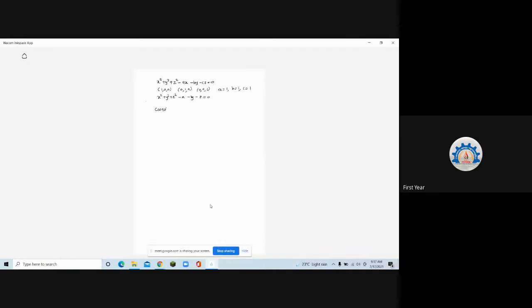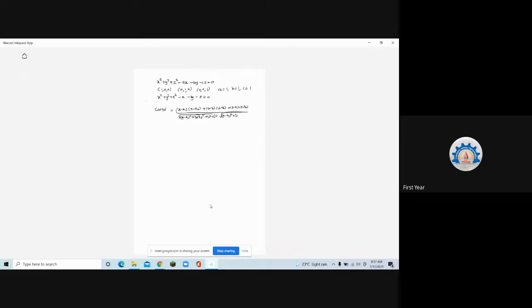Cos 90 is equal to x minus x1 into x minus x2 plus y minus y1 into y minus y2 plus z minus z1 into z minus z2, divided by the square root of x minus x1 the whole square plus y minus y1 the whole square plus z minus z1 the whole square, and similarly the other square root of x minus x2 the whole square plus y minus y2 the whole square plus z minus z2 the whole square.